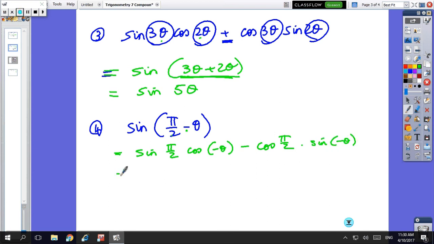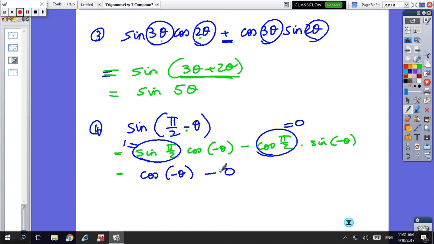Now from your exact values, sine of pi on 2 equals 1, and cos of pi on 2 equals 0. So we've got cos of minus theta minus 0, and cos of minus theta is the same as cos theta.